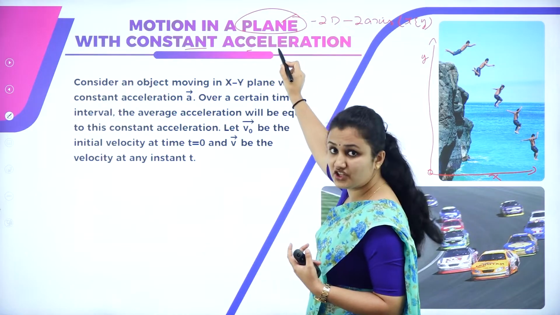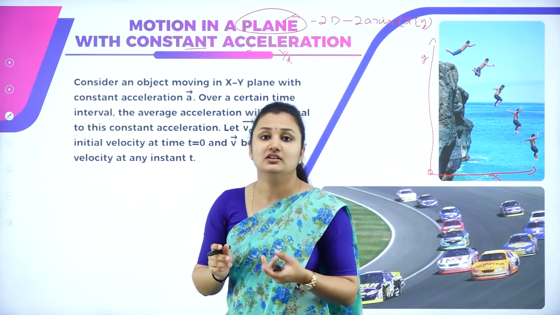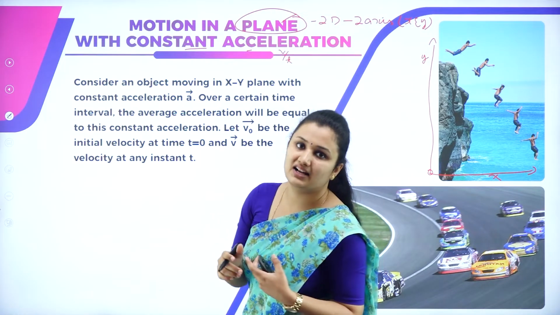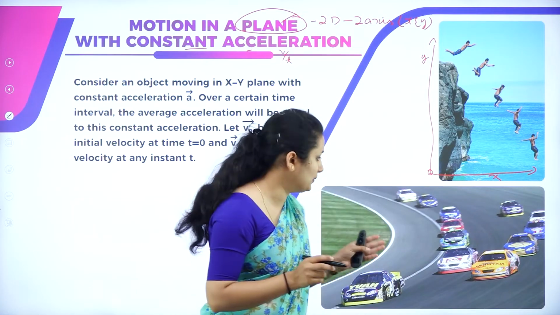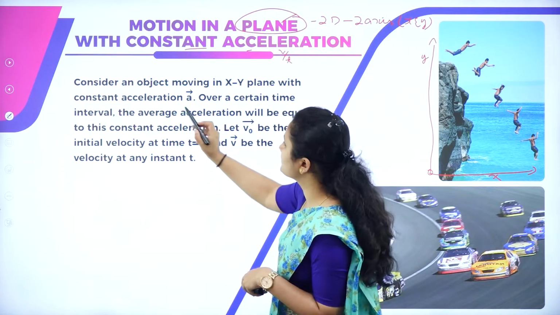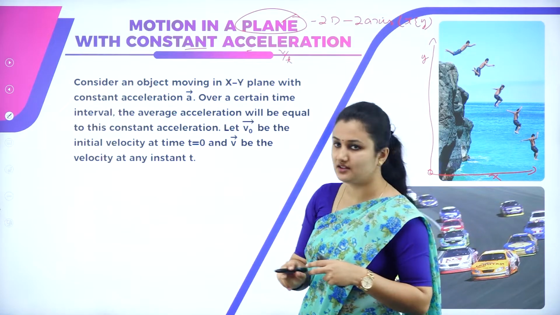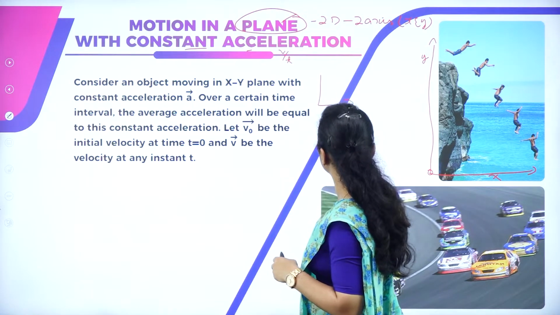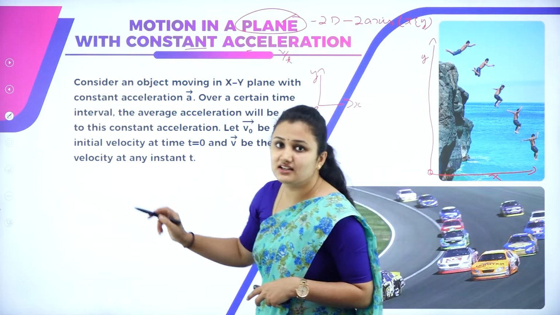Acceleration is what? Change in velocity by time. Constant means it is the same, the constant uniform acceleration. You can see they are moving with constant acceleration. So next, consider an object moving in the xy plane with a constant acceleration.